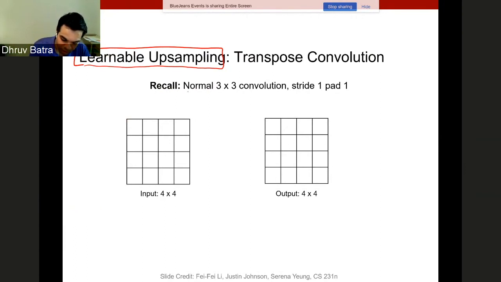So recall a normal or regular 3x3 convolution with stride 1 and pad 1. Let's just refresh our memory. What was convolution again? When you have an input and an output, we are going to do padding of 1, so there are zeros all around this particular input, and it's a 3x3 filter, stride 1.